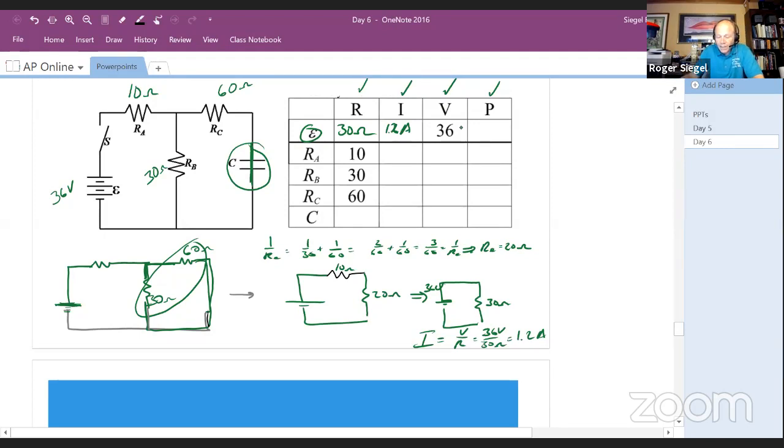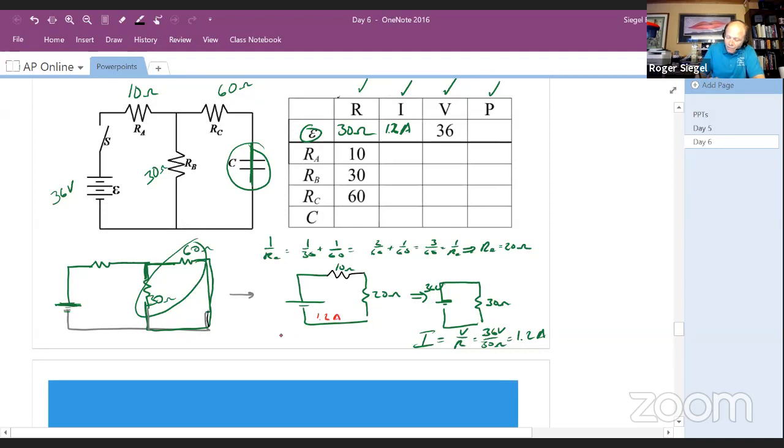Now I'm going to work backwards using the potential difference. I'm going to switch to another color so we can see how I work backwards. I can find the potential drop across each of these because I know that this is 1.2 amperes through the main branch.